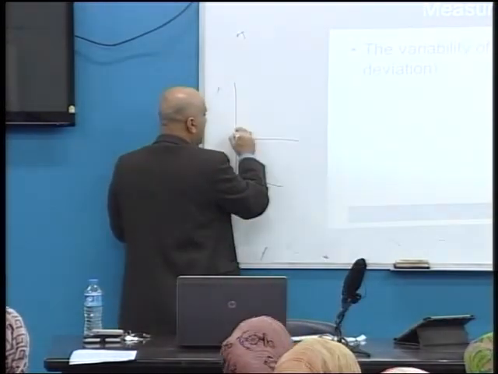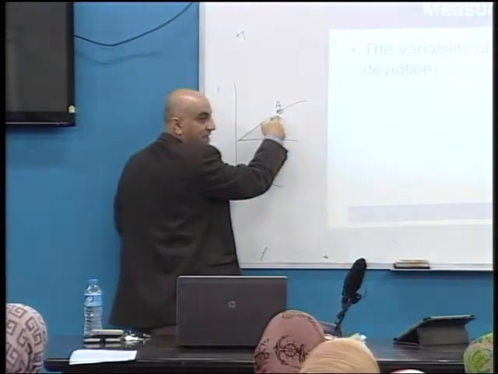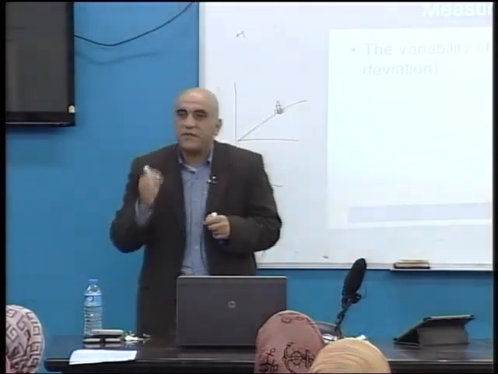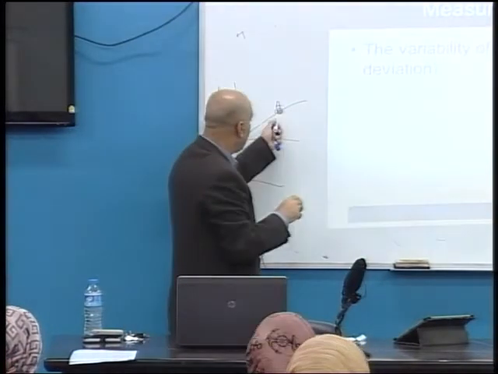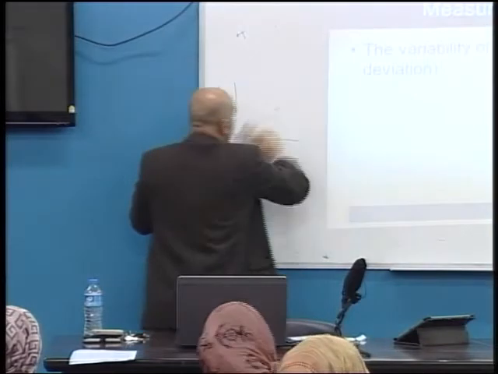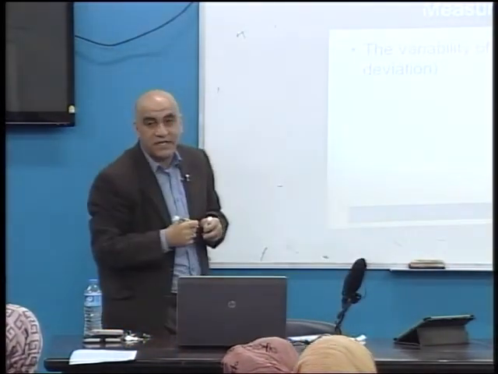Again, we said this A is located in this area, fine? Now, how do I measure the individual risk? I should use two different methodologies, like standard deviation and beta.